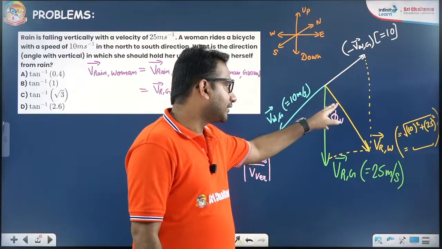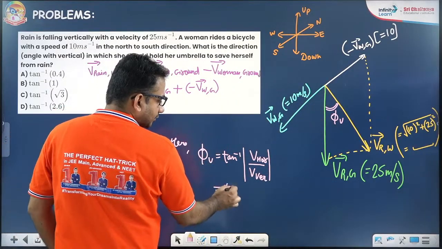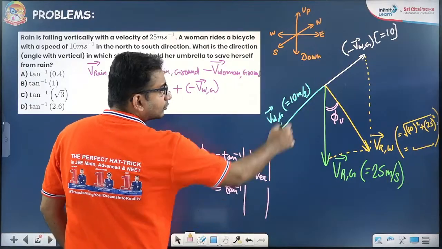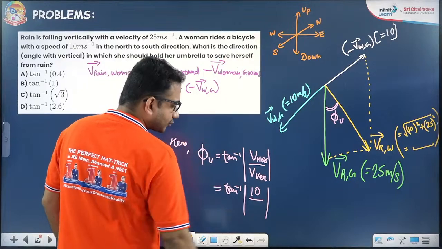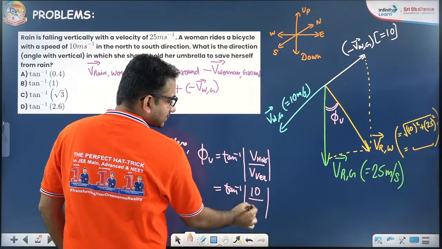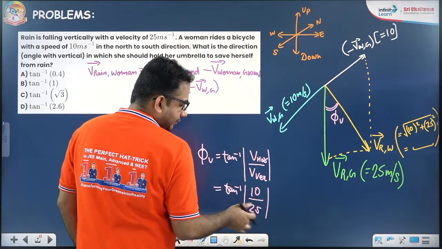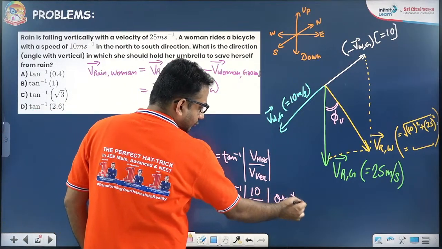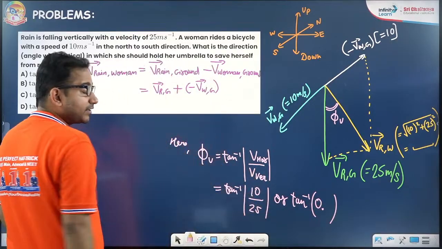And the horizontal component is that 10, because east, west, north, south, all are the directions on the ground horizontally. That is 10 by 25. 10 by 25 is basically tan inverse 0.4. The moment you keep a decimal, this 10 will become 100.